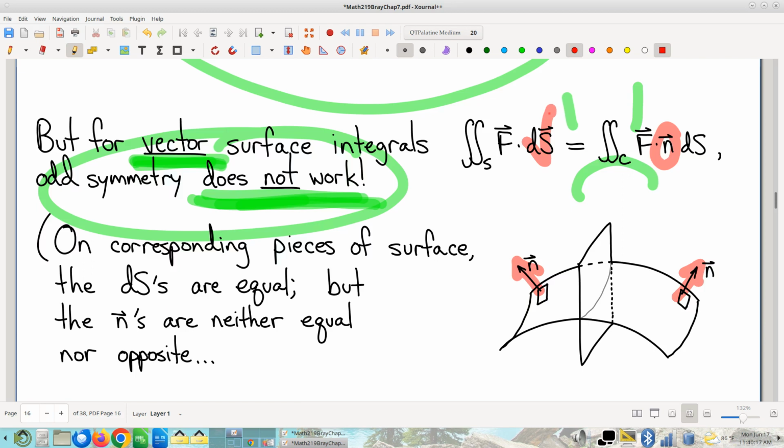They're just different. The relationship between them is not convenient enough to resurrect any sort of odd symmetry theorem. So please, it's very important, do not try to make an odd symmetry argument for a vector surface integral any more than you would for a vector line integral. They just don't work.